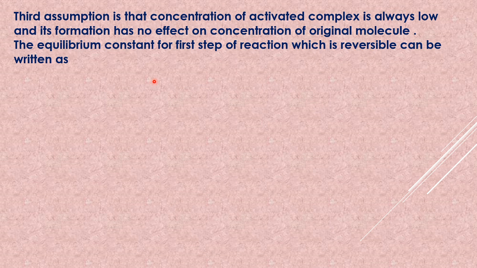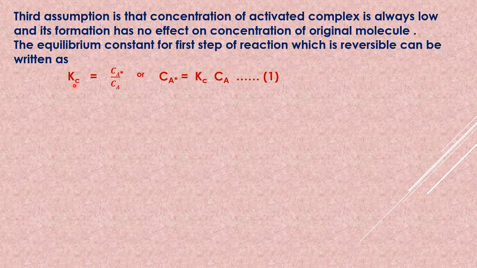The equilibrium constant for the first step of the reaction, which is reversible, can be written as follows. What is the first step of the reaction? The reactant molecules acquire a definite amount of energy and form the activated complex. This is the first step, and in that, the equilibrium constant is written as Kc.